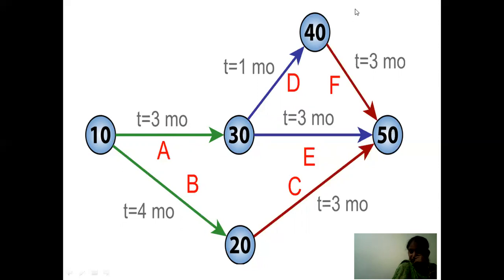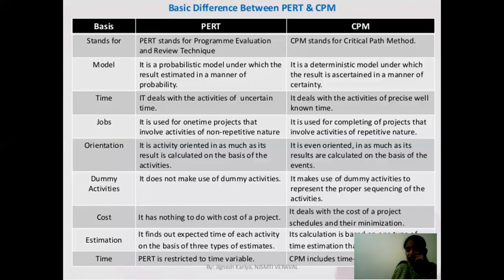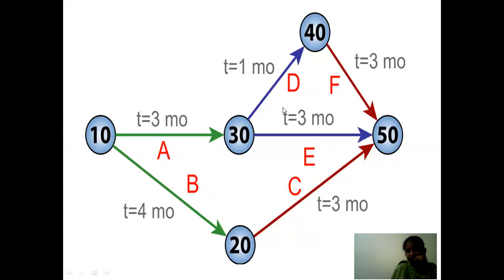The 40th task should be started only after the 30th one. It is independent of this 20. So this is the sequence. The 40th node, the task, is completed only after the 10th as well as 30th, then only it is going to start. And after this 40, we start this 50. So at last this is the end.